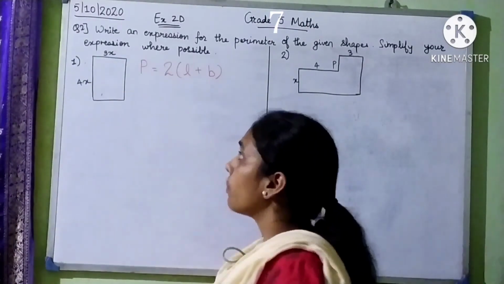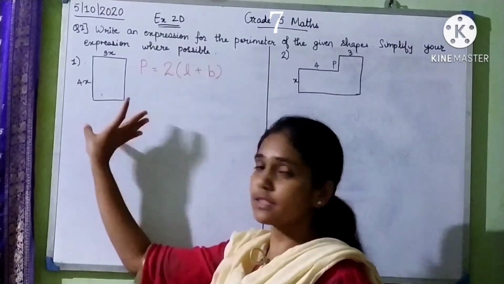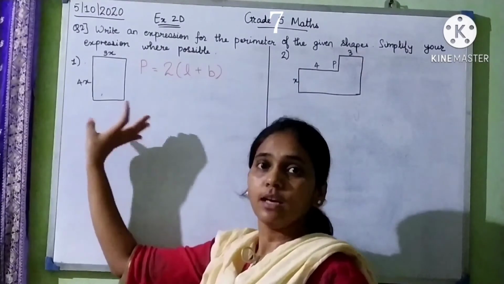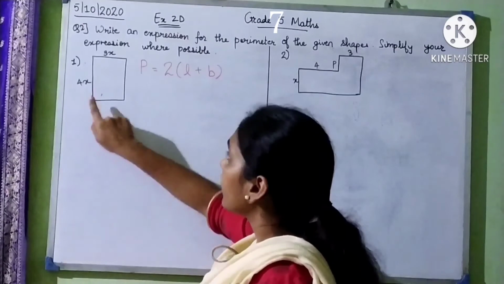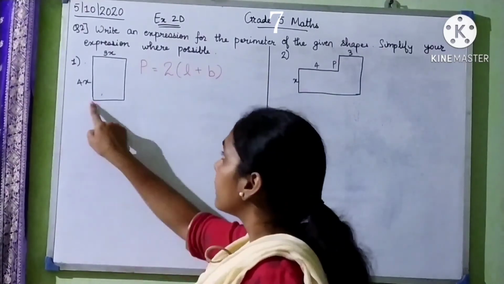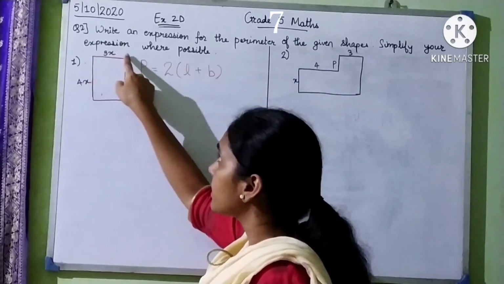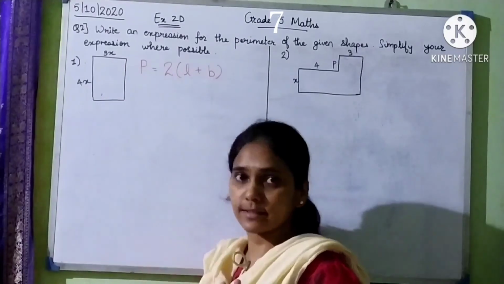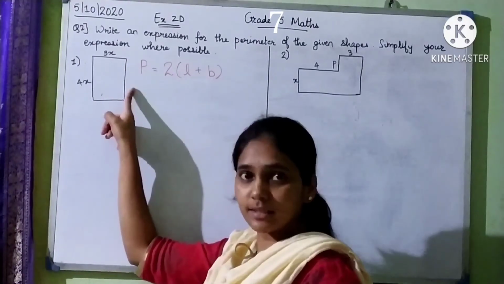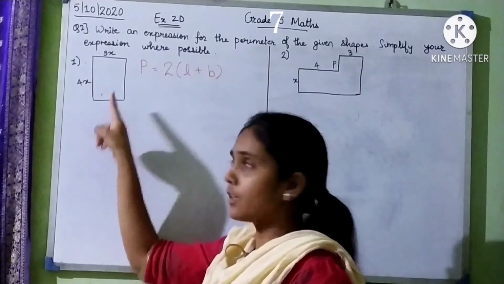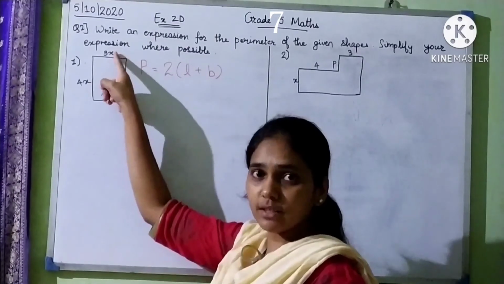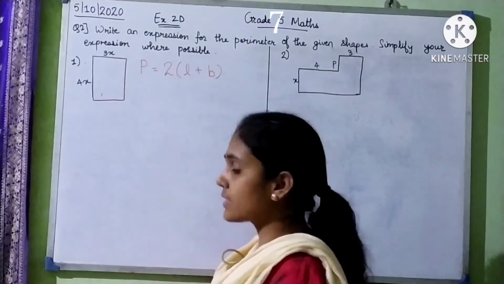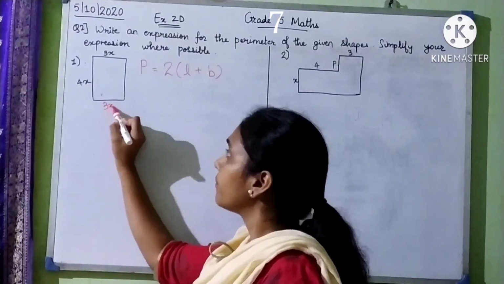Okay. So how many sides does this rectangle have? It has 4 sides, right? This is the first side, this is the second, this is the third one and this is the fourth one. Two of them are lengths and two are breadths. If this side is 3x, this side is also going to be 3x.